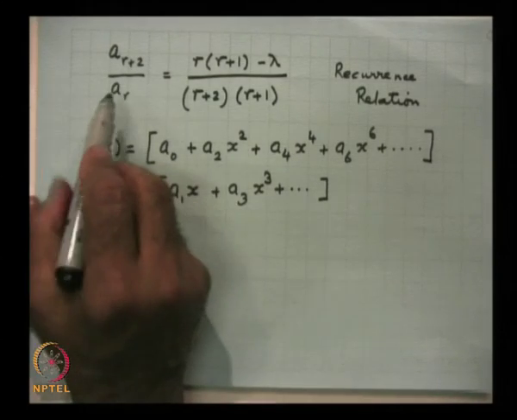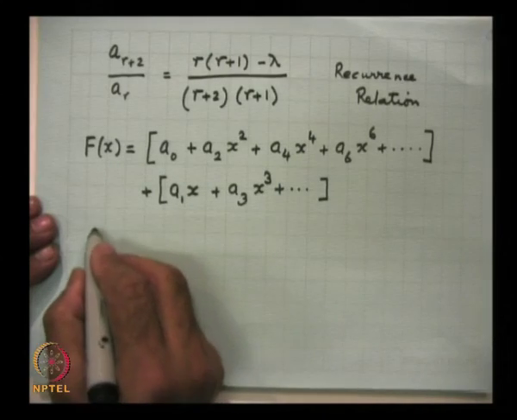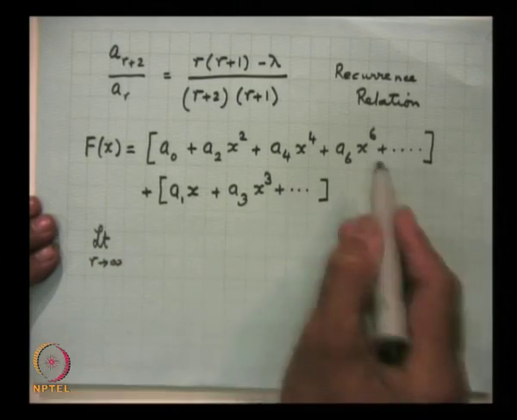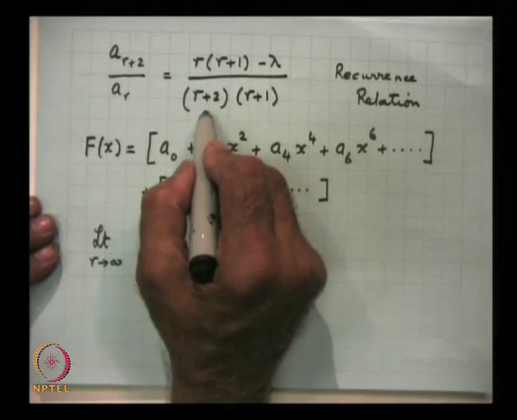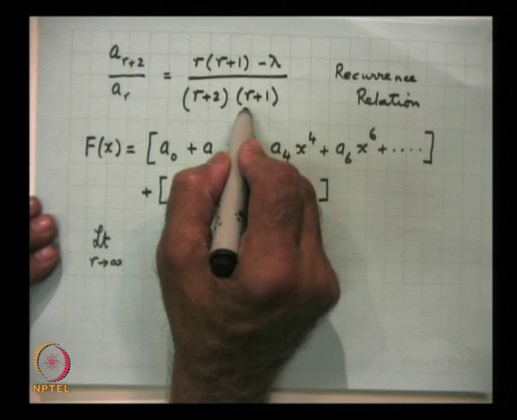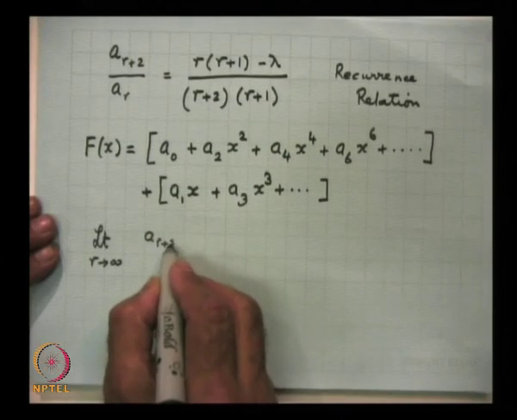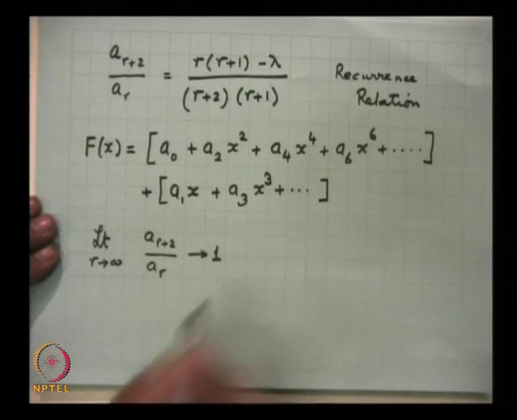Now, we can see from the recurrence relation that as r tends to infinity, for large terms, the dominating term in the numerator and in the denominator becomes r square. So, a r plus 2 divided by a r tends to 1. So, they are equal.